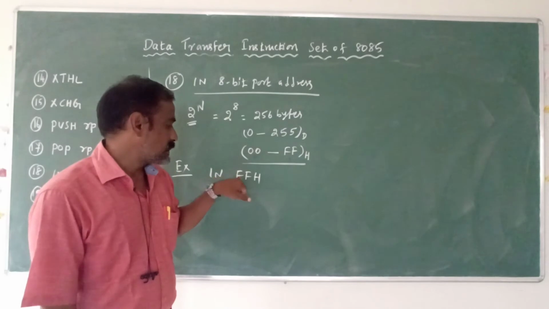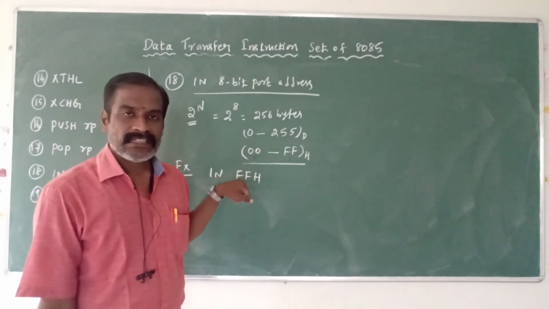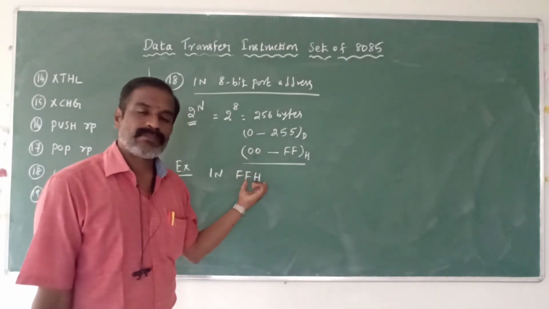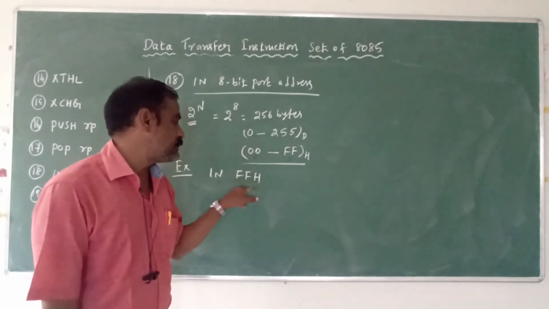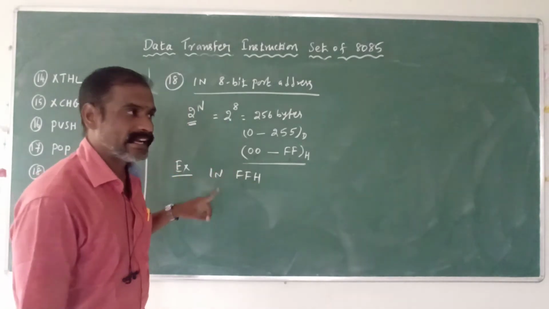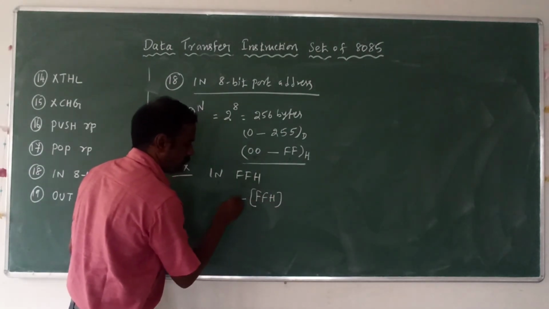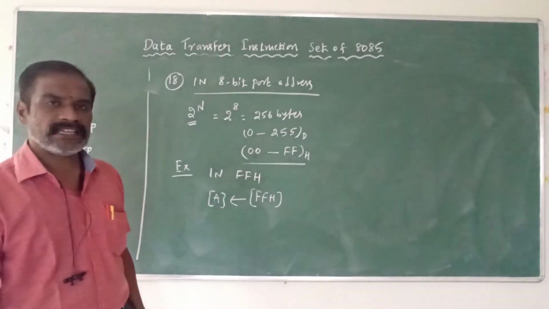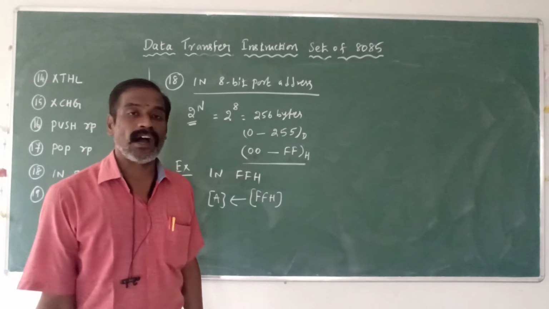The given port address will be connected to either a keyboard or a switch. Now to read that particular key data, the corresponding data will be moved into the accumulator. Now the data at the 8-bit port address location moves into the A register. This is the operation to read the data from either a keyboard or a switch.